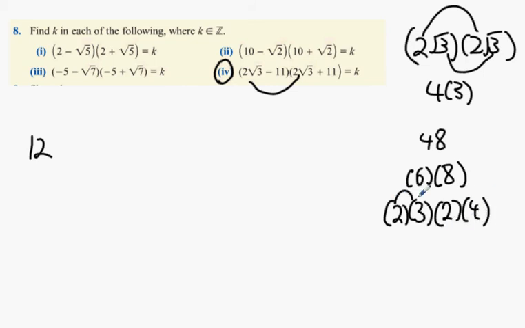You only multiply the 2 by one of them. You don't multiply the 2 by everything there. Otherwise you get a really, really big number. So in the same way, I chose to multiply the 2 by the other 2, and the root 3 by the root 3. So I only used them once. And then I used both answers against each other, as opposed to going root 2 by that one, root 2 by that one. That's not the way you multiply it out.